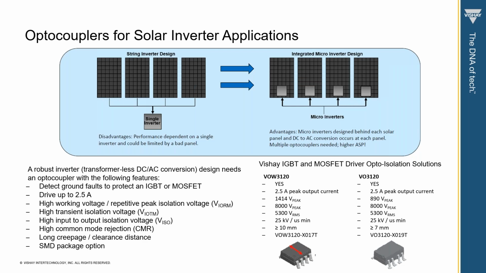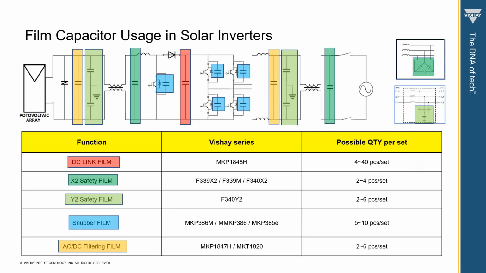Then we have the question from a customer: what are the different types of DC link film caps for solar application? You can see here we have the MKP 184H series. The H stands for 85 degrees C and 85 percent humidity, THB being the highest.